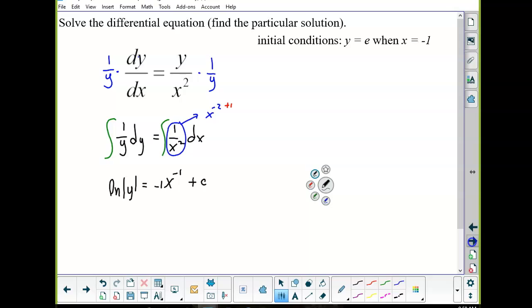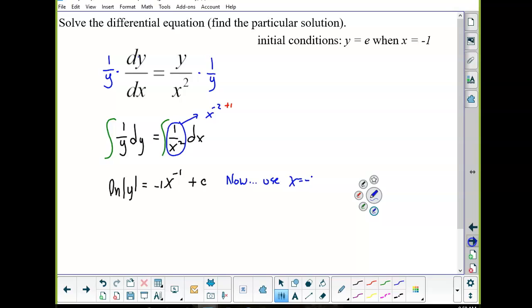Now, here's a hint. As soon as you see the c appear, notice this isn't equal to y yet. Don't do any algebra. But as soon as you see that c appear, we're going to use the initial condition.